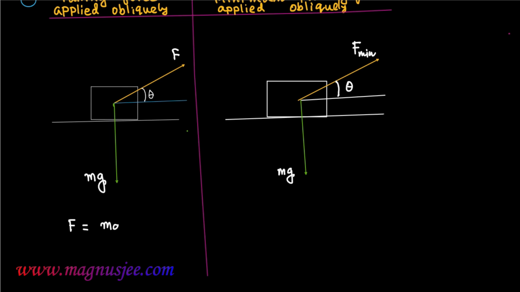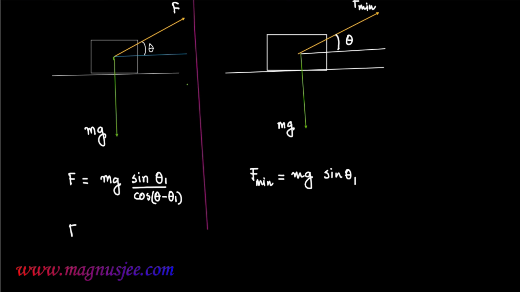Now the expression of pulling force applied on a body obliquely is F equals mg sin theta L divided by sin of theta minus theta L. But the expression of minimum pulling force is mg sin theta L. And F has another expression, mg mu divided by cos theta plus mu sin theta.